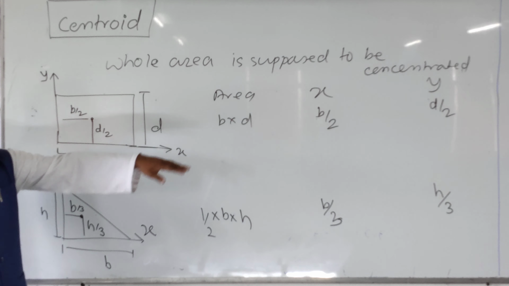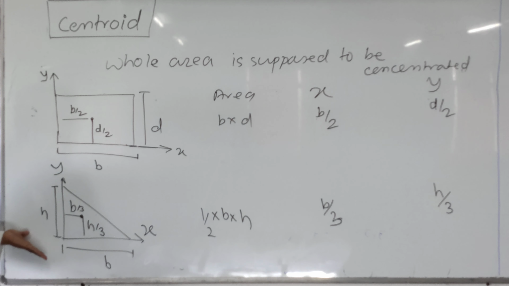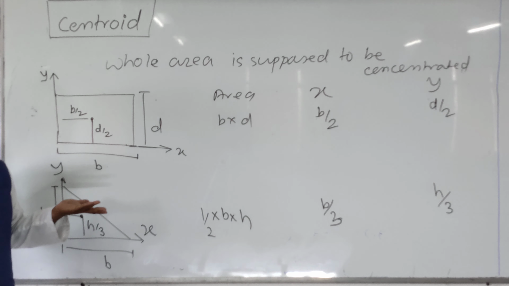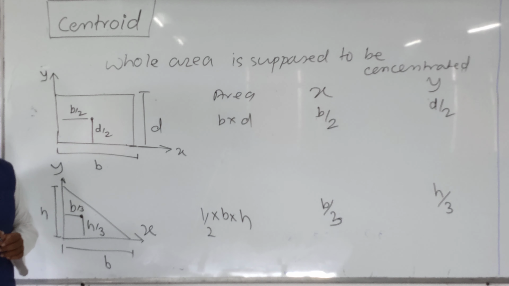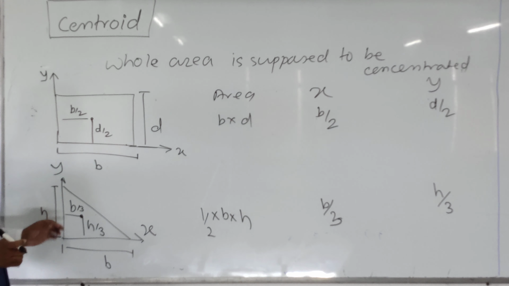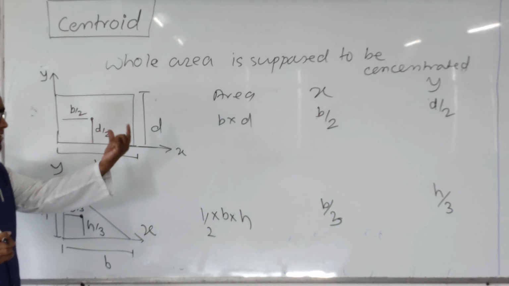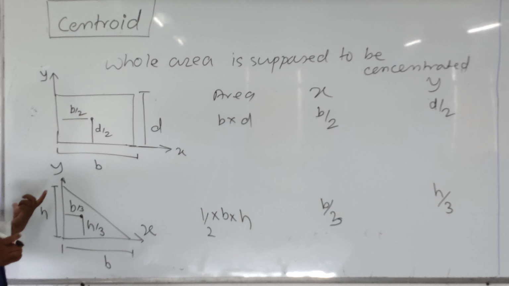This b by 3, h by 3 is the x and y coordinate as per the given x and y axes. Whenever the position of the axes changes, we will calculate the x and y coordinates with reference to the given axes.